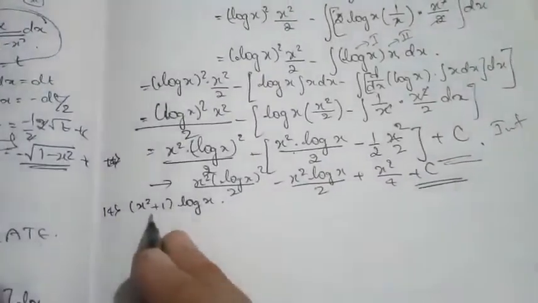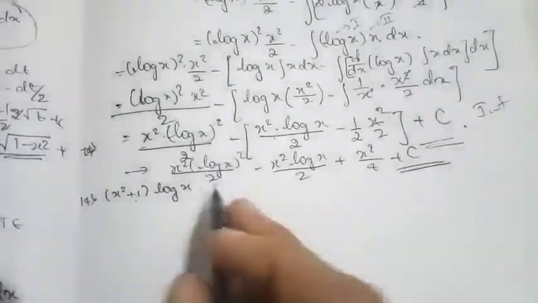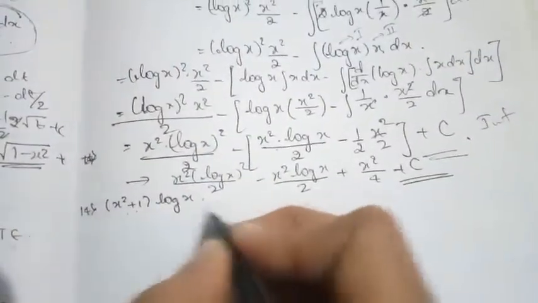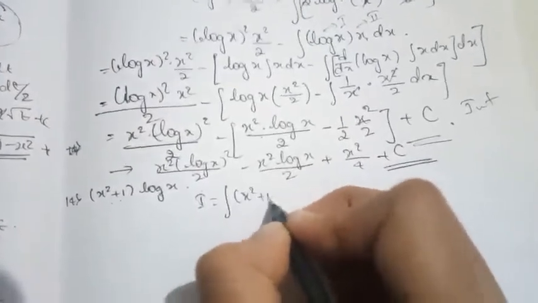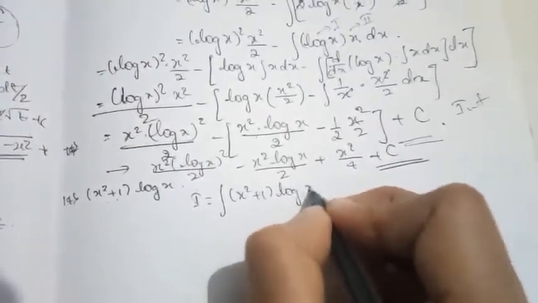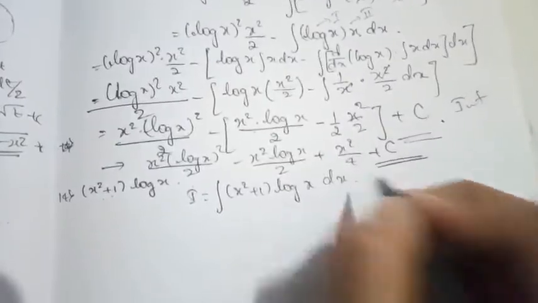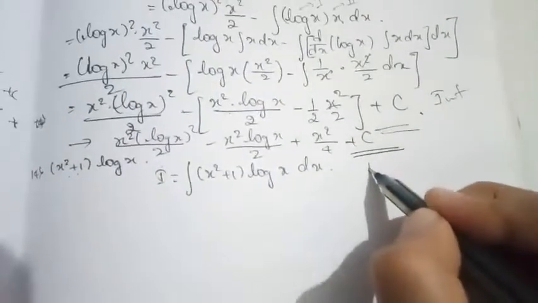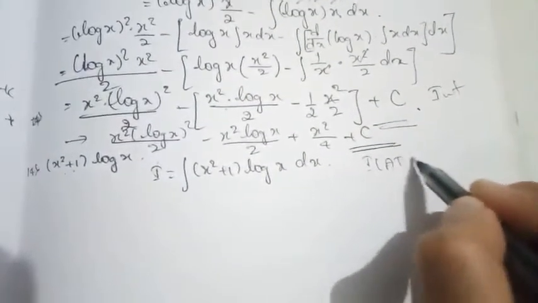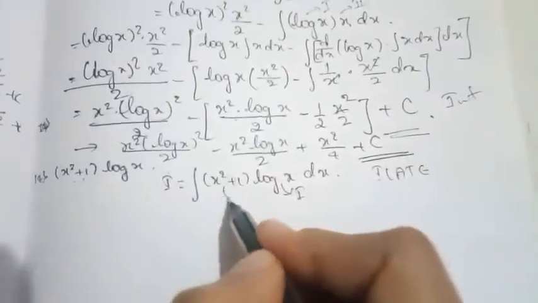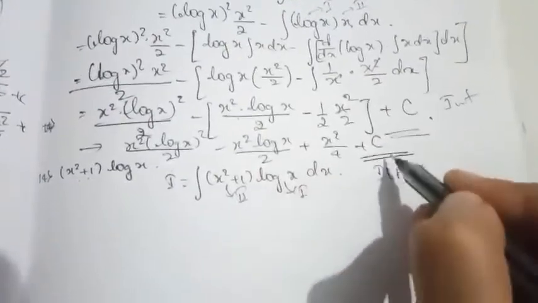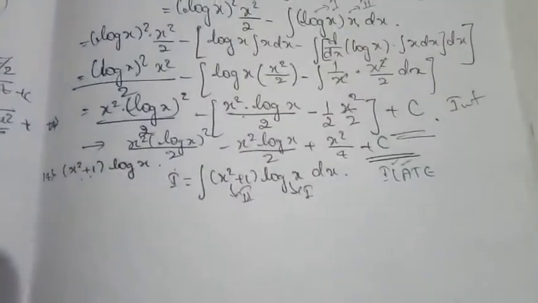The next is x square plus 1 into log x. So first thing I am doing is taking that as equal to I, integral of x square plus 1 into log x dx. Now as per our ILATE rule, the logarithmic function comes as the first function and the algebraic function is the second function as per the ILATE priority.